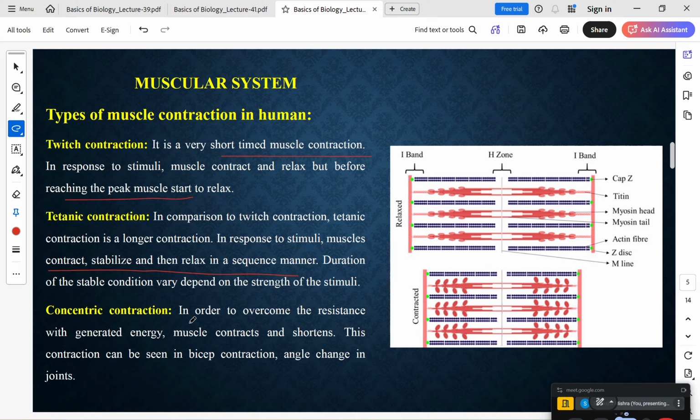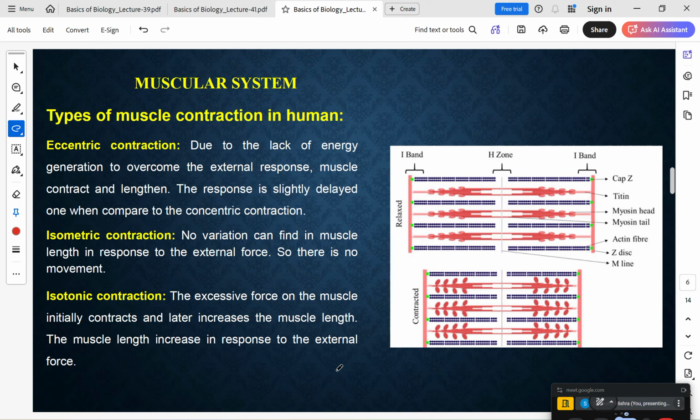Concentric contraction occurs when there is a need to overcome a resistance with some generated energy. The muscle contracts and shortens. This contraction can be seen in the biceps when lifting something or during angle change in the joints.